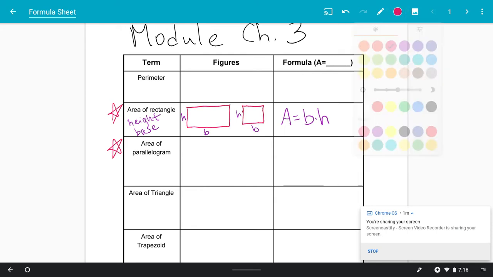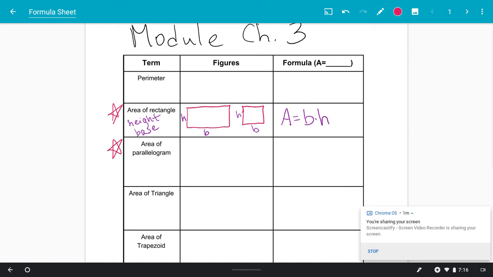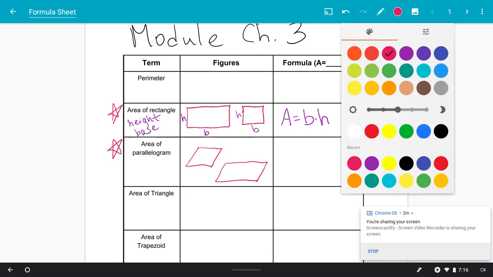Now, we also need to look at a parallelogram. So a parallelogram is like a rectangle or a square that's just been blown over to the side. So it's like a slanted rectangle.